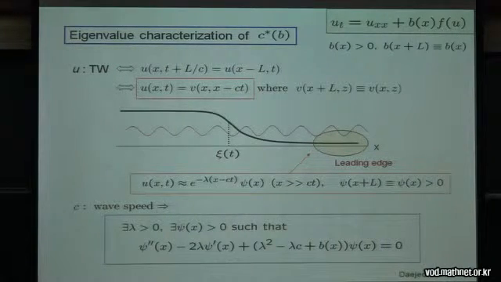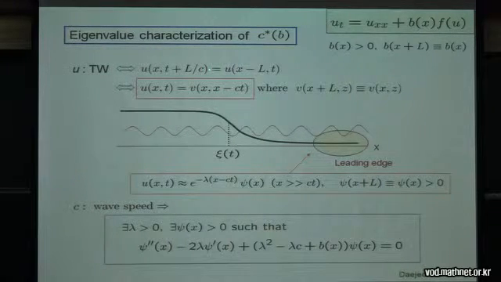Then one can easily find a function v of x, z such that v is periodic in x, and u is written in this form using v.